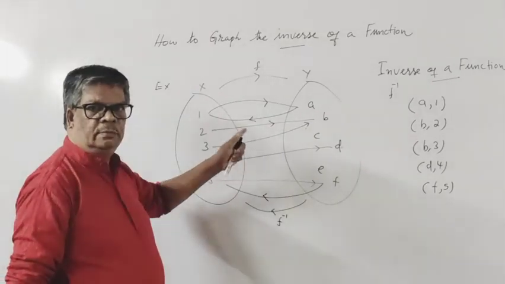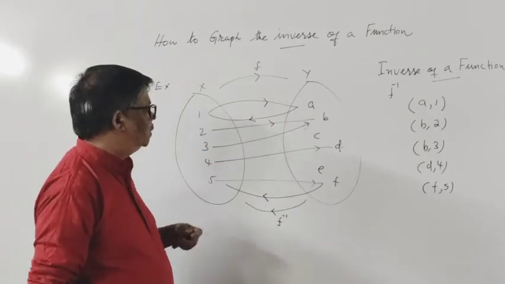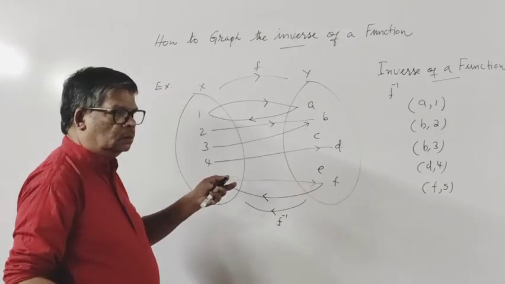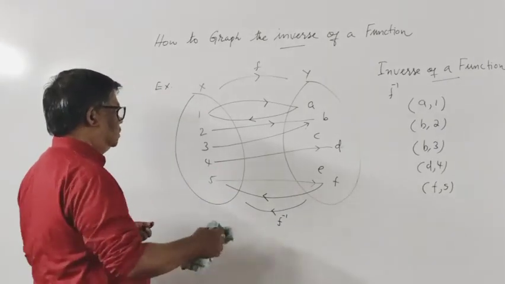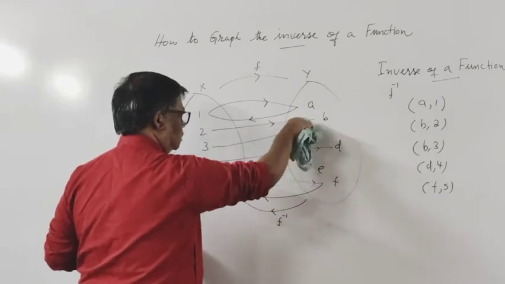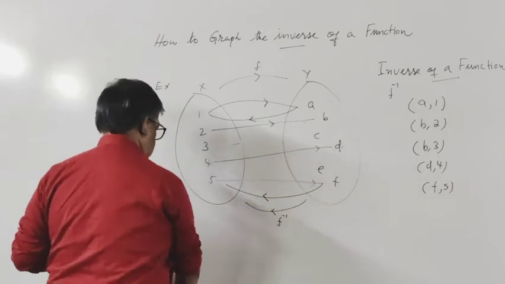So this can be made into an invertible function by making some changes. Instead of sending 2 to B and 3 to B, let us send 3 to somebody else.